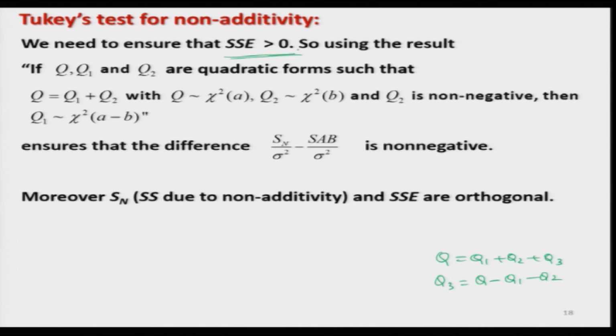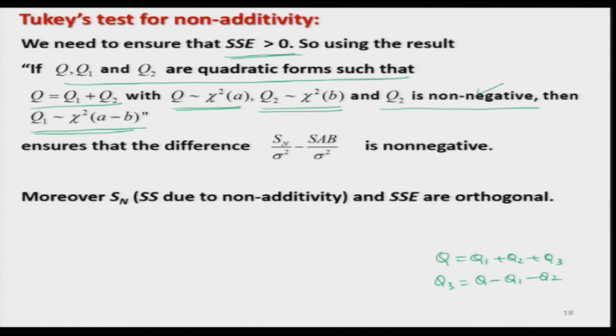Well, that will happen in this case. The result is that if Q, Q1 and Q2 are quadratic forms such that Q is equal to Q1 plus Q2, where Q follows a chi-square distribution with A degrees of freedom, Q2 follows a chi-square distribution with B degrees of freedom, and Q1 is non-negative, then Q1 follows a chi-square distribution with A minus B degrees of freedom.